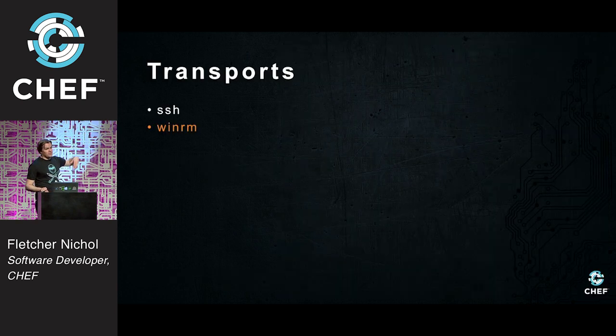And again, here's the two transports, but this is a plugin, which means if you have a better idea, if you want to figure out another way to communicate with instances, now this is a plugin as a concern. So I would love to see somebody do like a telnet to a network switch, or who knows what.